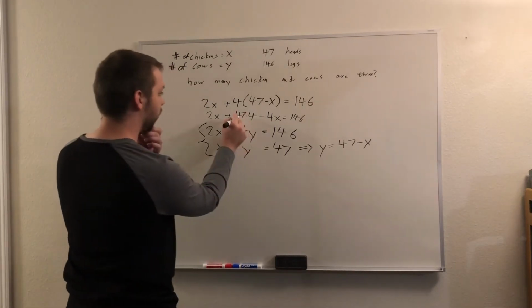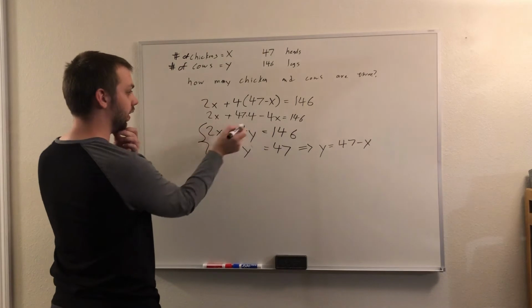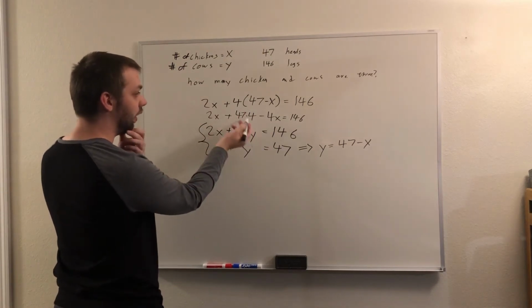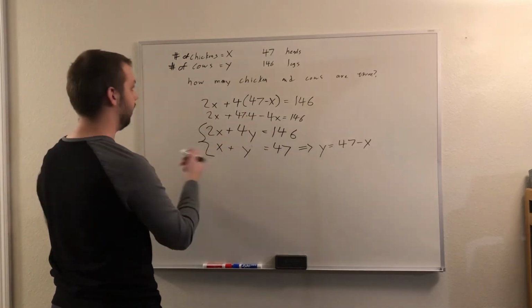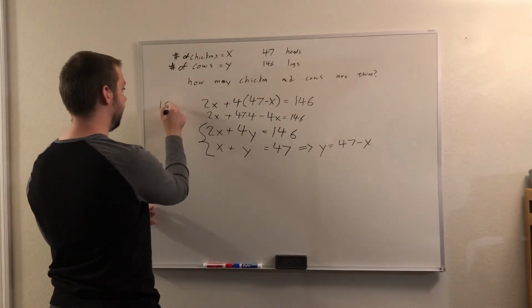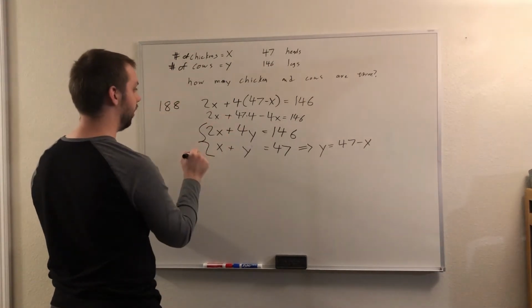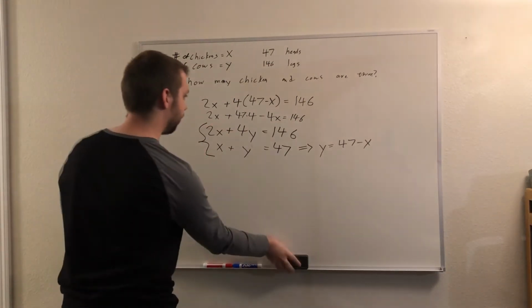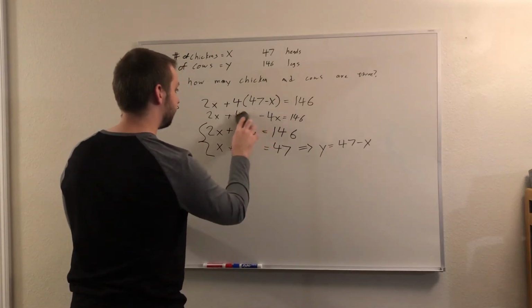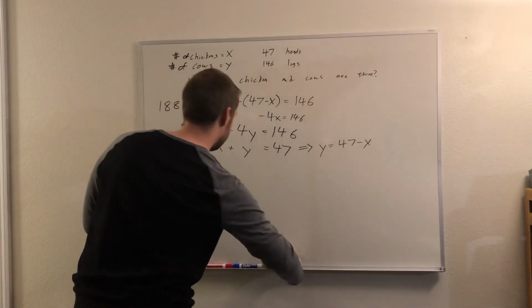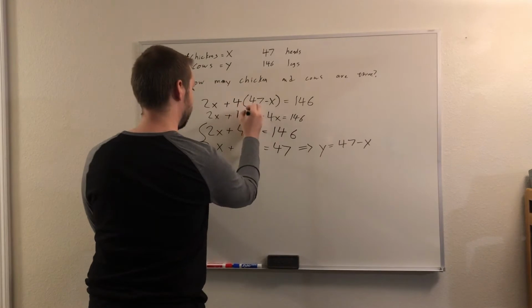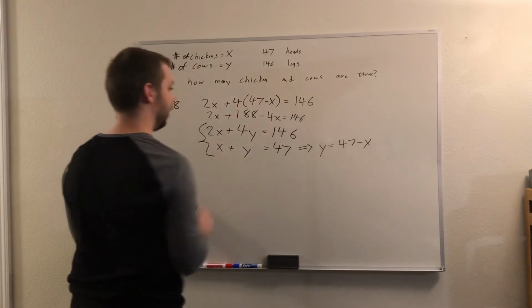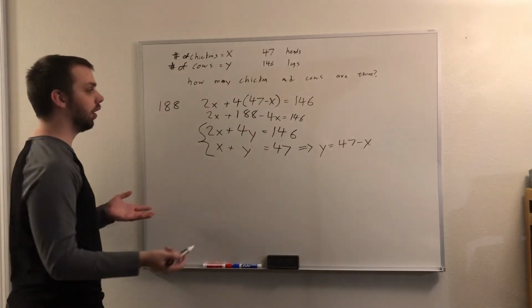So let's see. 4 times 4 is 16, that's times 40 is 160, and then 4 times 7 is 28, so that puts it at 188. Okay, so let's write it like that then. So 188. Now we can do some algebra.